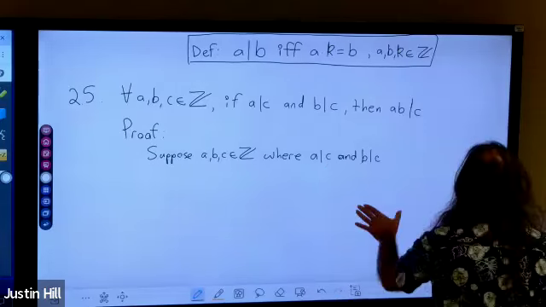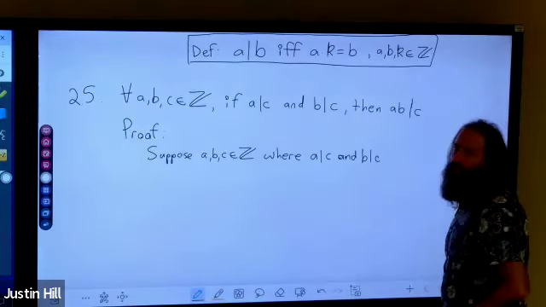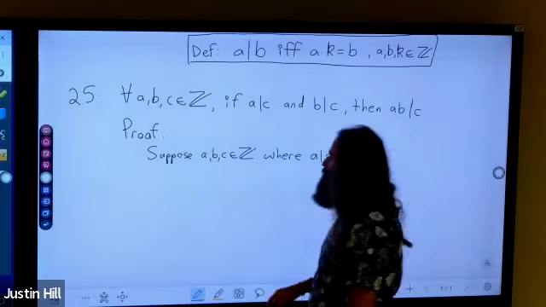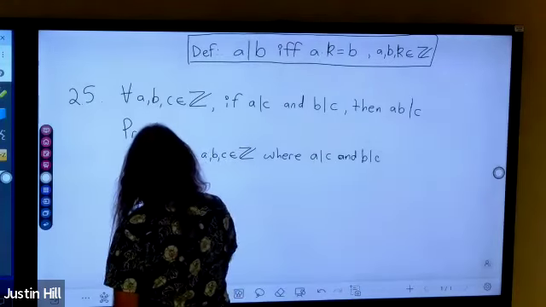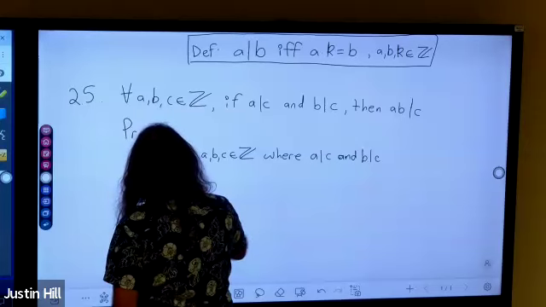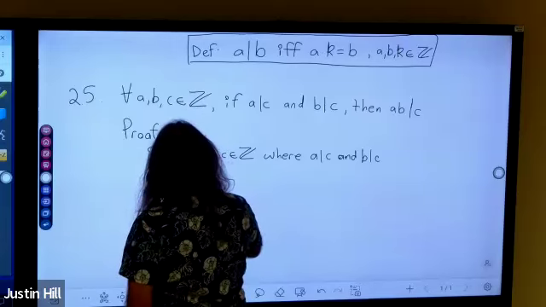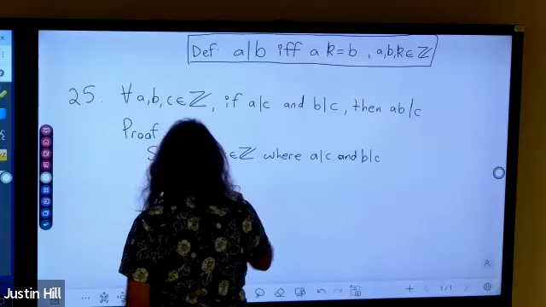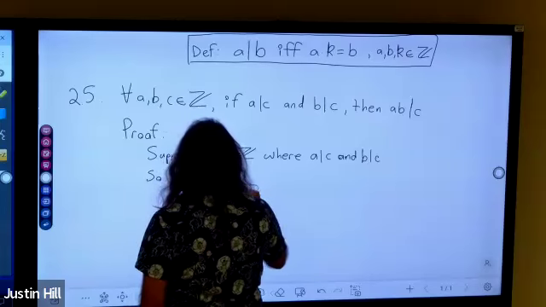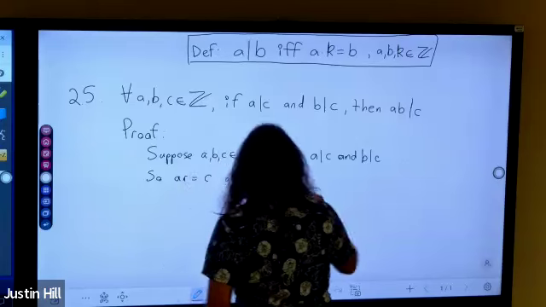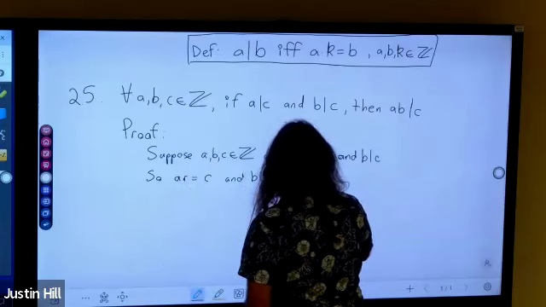Good, now that I have these conditions, there's a definition there, so let me write out what this means using the definition. So this is going to mean that A times R equals C, and maybe B times S equals C, where R and S are integers.